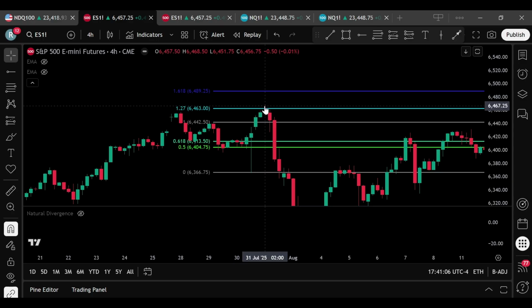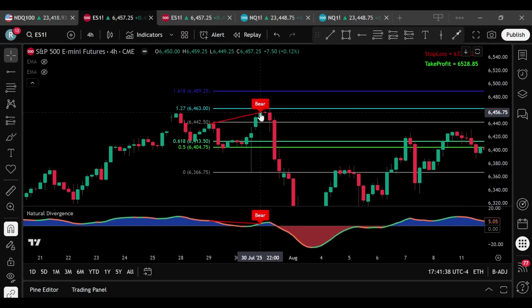If we see price action closing strong or long wicks above the 1.68, then that might signal continuation to the upside. So if we're expecting bearishness, we can reasonably expect this zone to hold. It's not typically going to expand past the 1.27 and 1.618 levels, and that's already a confirmation from our recent range.